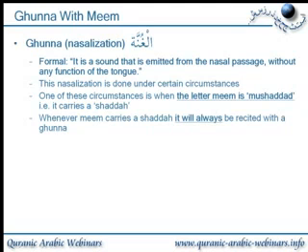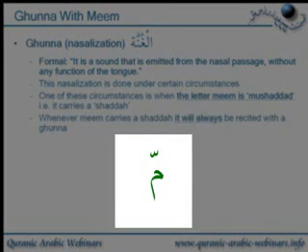Whenever Meem carries a shadda, it will always be recited with a Ghunna. So here we have Meem mushaddad, and we're using the color green in this example to indicate that this will be done with a Ghunna. You would have heard in the Quran certain sounds with the Meem, and we'll have a look at some of these examples in a minute.